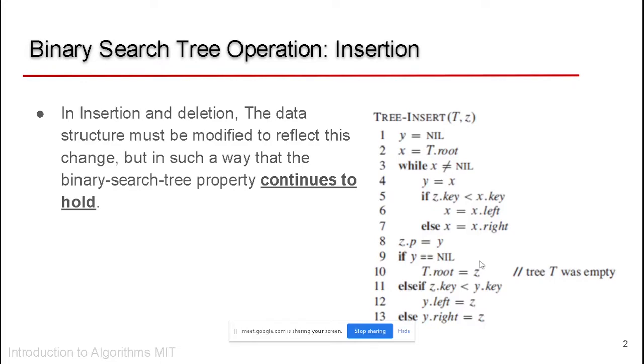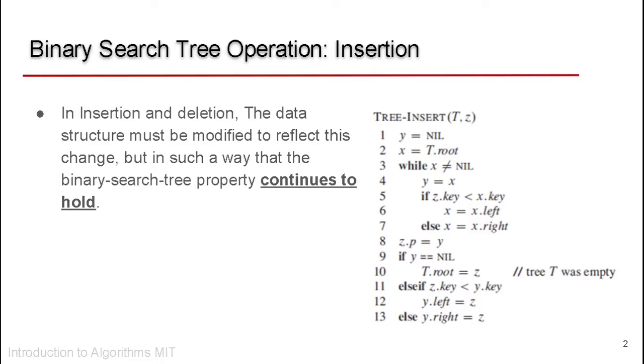So let's start with the insertion. I will try to explain the theoretical part, then move to the practical part. Insertion means you are trying to add a new node to your tree, and you need to preserve the property of the binary search tree.